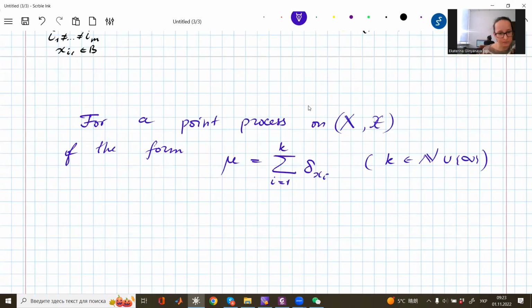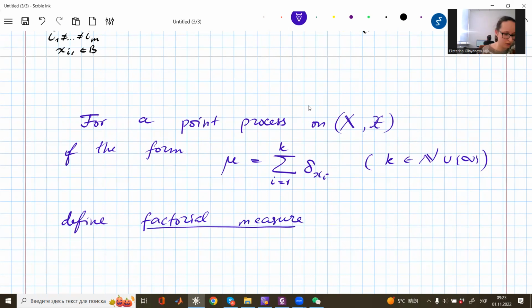We define a factorial measure as following.